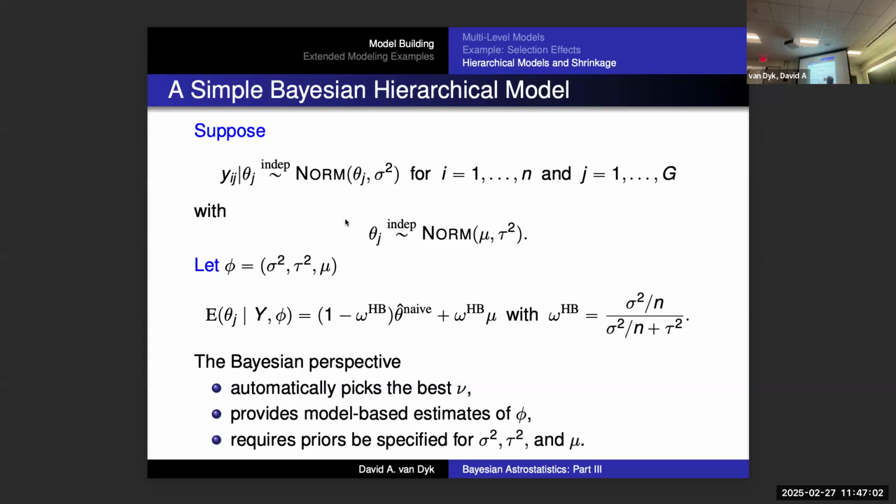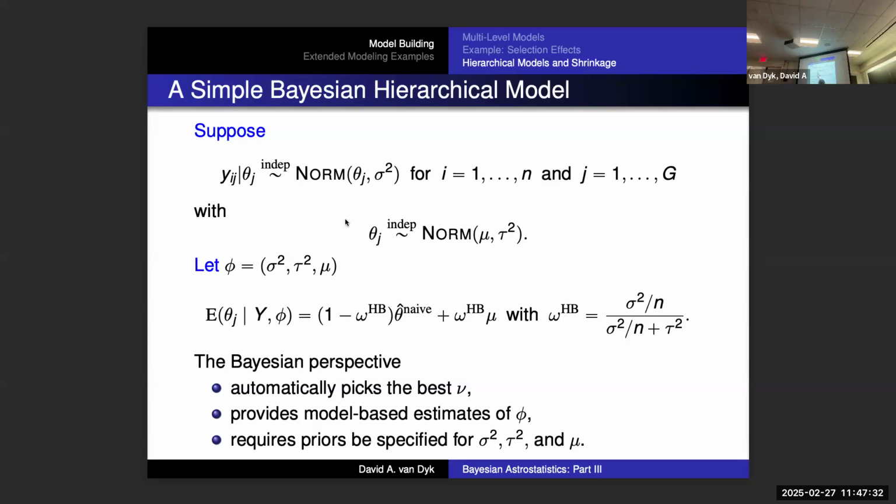So we're going to say that the theta j's follow a population distribution. That's a hierarchical model. We have the individual stars being modeled given the globular clusters, and hierarchically, now we're modeling the globular clusters. What is the mean age of stars in that globular cluster? How old are globular clusters across the Milky Way? With a bunch of parameters, we have to put priors on them.